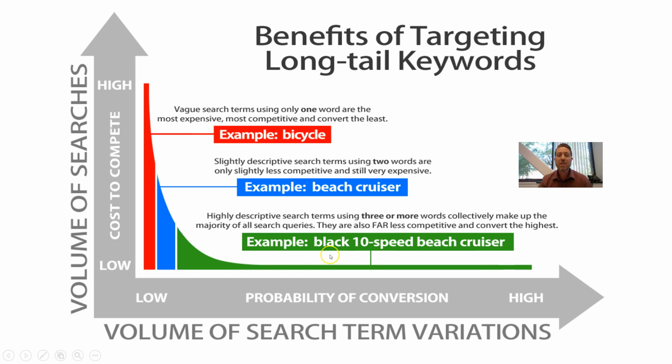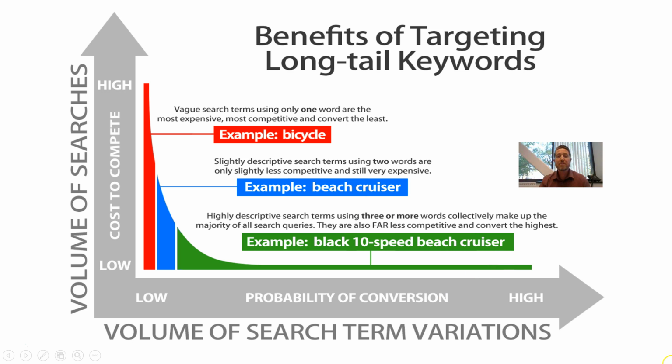Whereas a long tail keyword, something like black 10-speed beach cruiser, there's not a whole lot of people searching for that, okay? But the people who are searching for that are very interested in those advertising information, services, or products that pertain to a black 10-speed beach cruiser. So guess what?